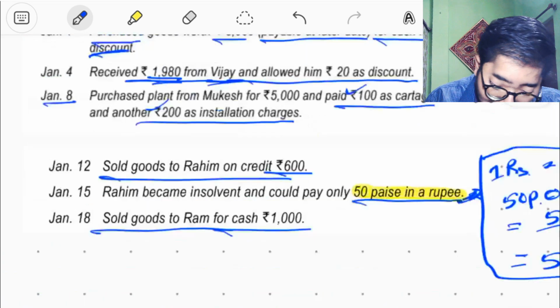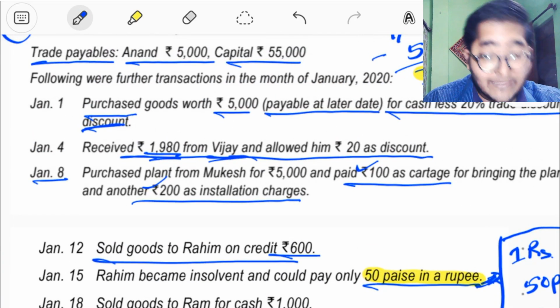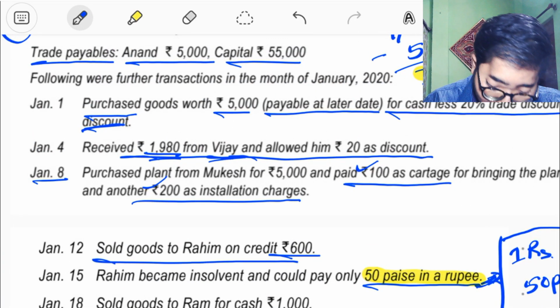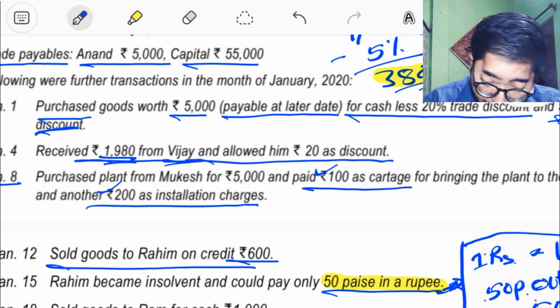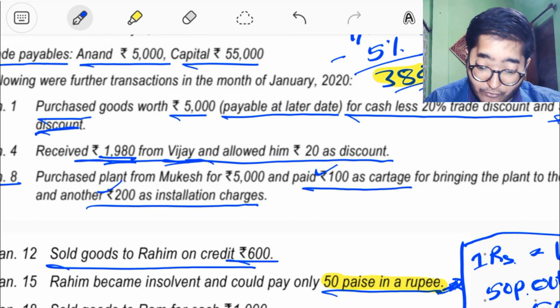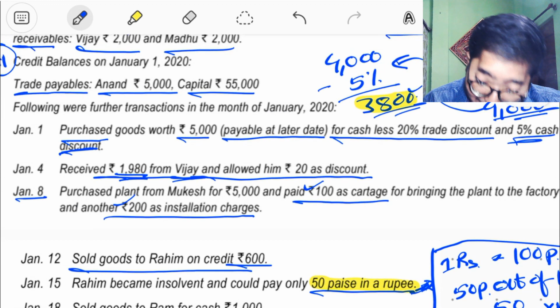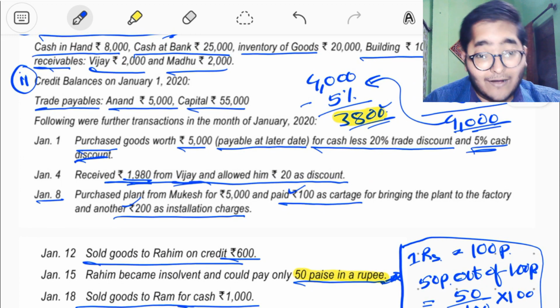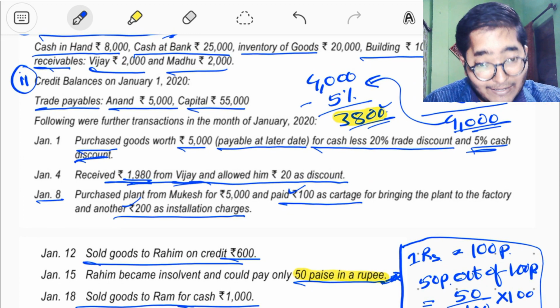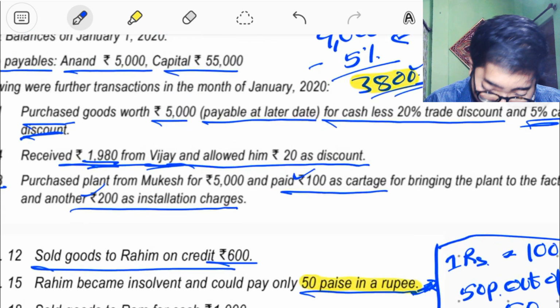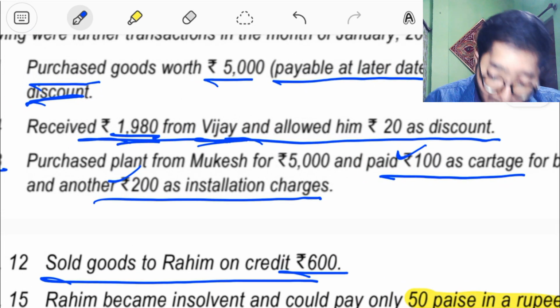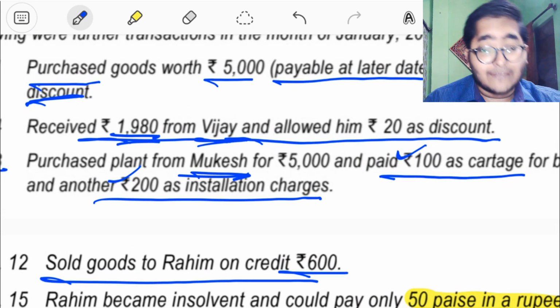Now, let's come to our next entry. The entry on January 8. Purchase plant from Mukesh for rupees 5000 and paid carriage rupees 100 for bringing the plant to the factory and another rupees 200 in the installation charges. So, purchase plant from Mukesh. The name is given.